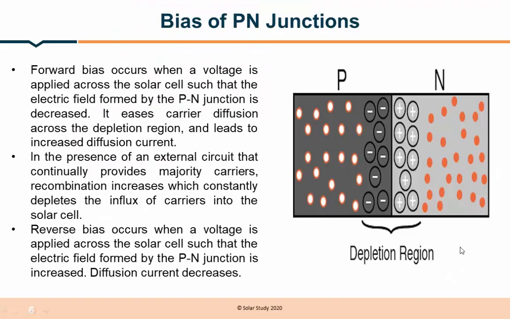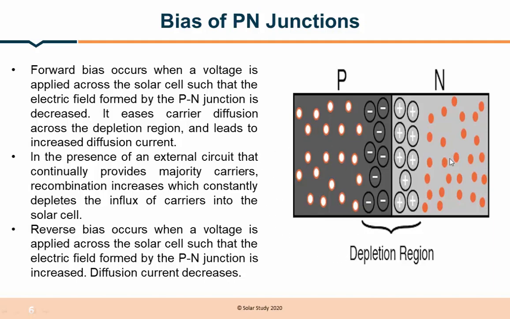I already told how to give a positive charge to the P side and negative charge to the N side. This is called biasing of the junction. I explained how holes go to the P side and negatively charged electrons go to the N side, how they repel, and how conduction happens.